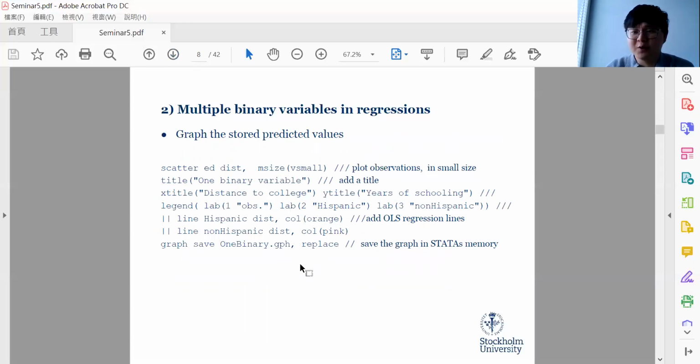I think you also know how to do it since you did it in assignment 2, to produce the graph for the GDP and the trade values. You already used the scatter command before, so you can grab the stored predicted values, the values for Hispanic and non-Hispanic that we just generated.